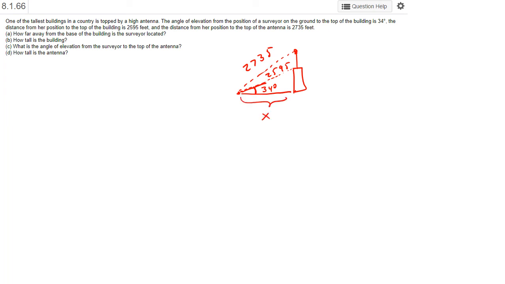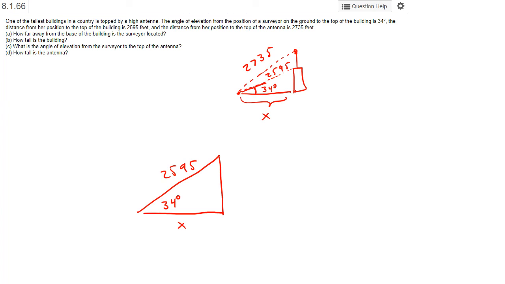That's this. So extracting the information that's useful there, we see that this triangle to the top of the building has a hypotenuse of 2595 and an angle of 34 degrees, and this is our unknown x. Which trigonometric ratio of 34 degrees will involve those two?